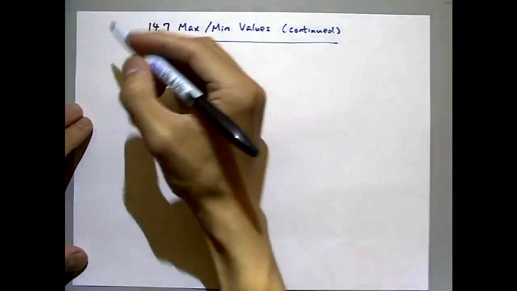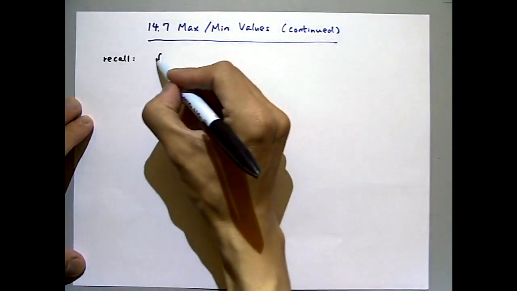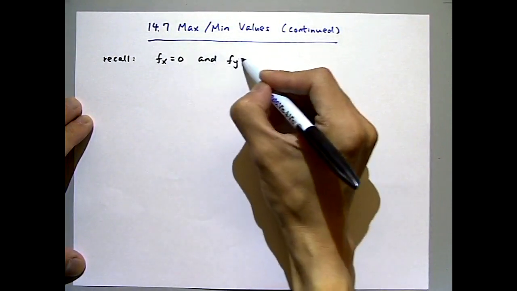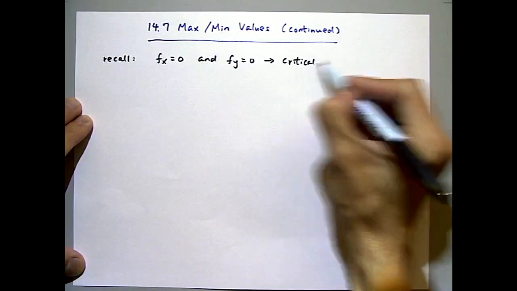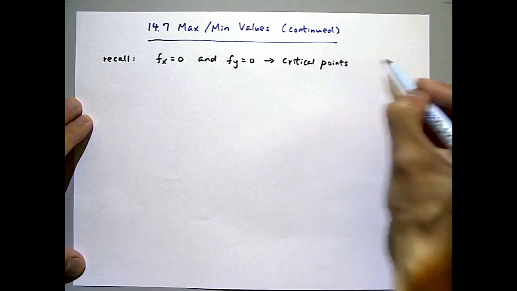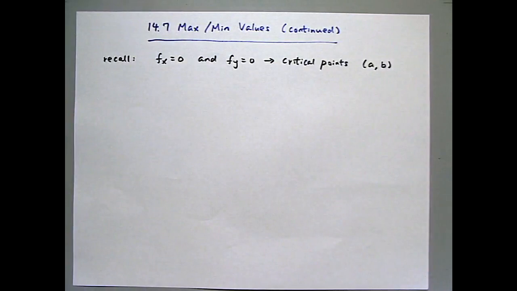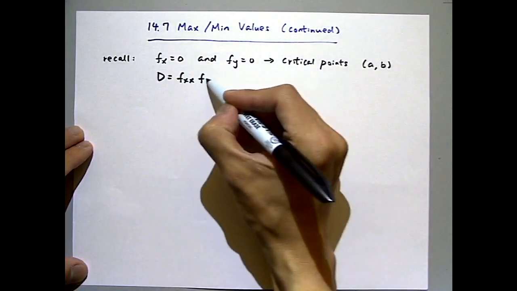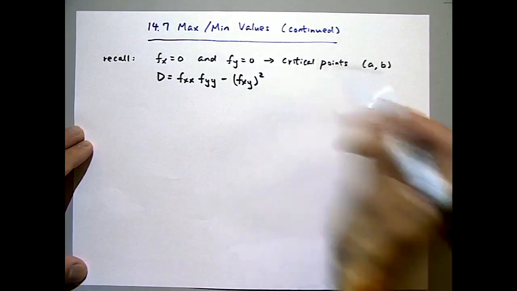Remember from last time that if we solve fx equal to 0 and fy equal to 0, we get a bunch of critical points. And then to tell what they are, we need to use the discriminant, that D function, where D is defined as f double x, f double y, minus fxy squared, right?